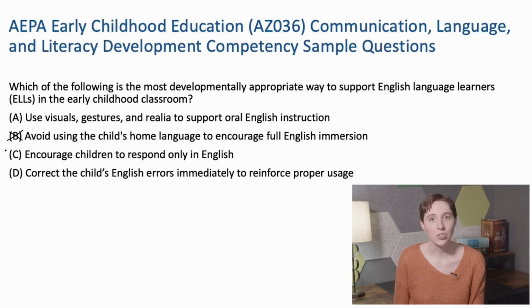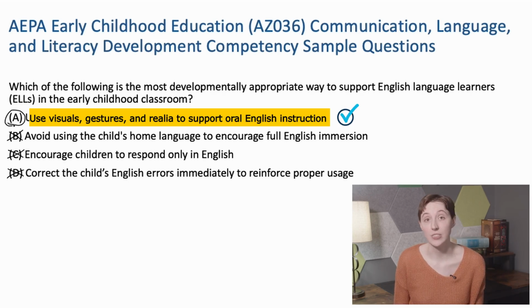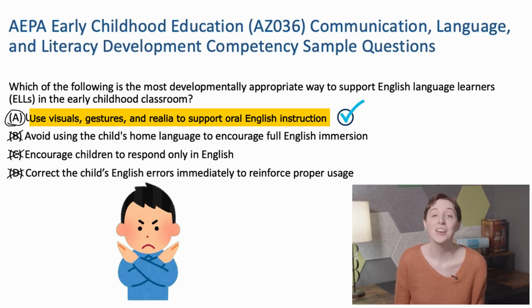Likewise, requiring English-only responses can discourage participation in class. Finally, immediate correction can inhibit risk-taking in communication. But using multiple modalities, such as pictures, gestures, and real-life objects, or realia, provides contextual clues that help ELLs comprehend and acquire new English vocabulary and concepts, keeping the pathways to communication and understanding wide open.